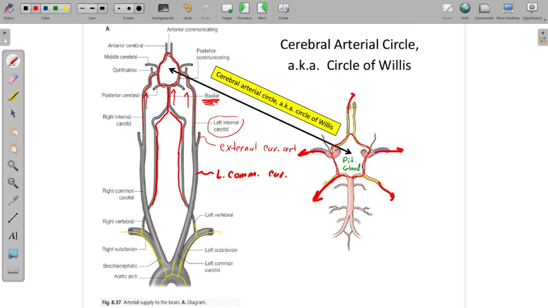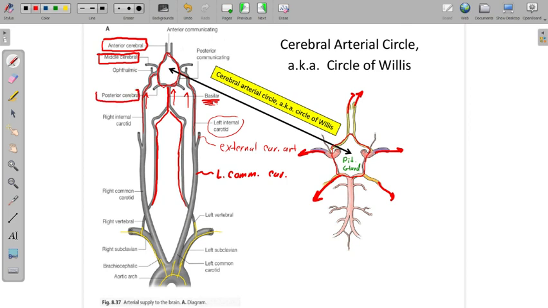So the three sets are, if you go back to the left side, there is the anterior cerebral arteries. There are the middle cerebral arteries. And there are the posterior cerebral arteries.